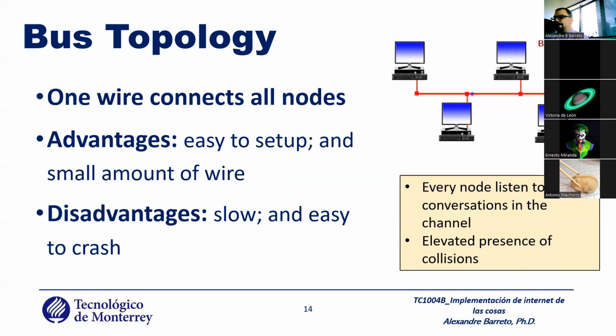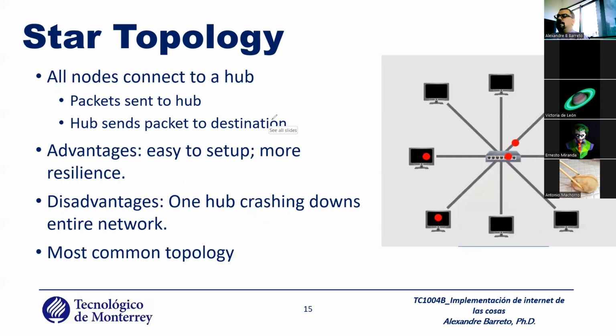It's different, for example, from the star. The star is the common technology that you use today. For example, when you use a switch in a data center, we use a star topology. When you use an access point in a wireless network, you use a star topology.